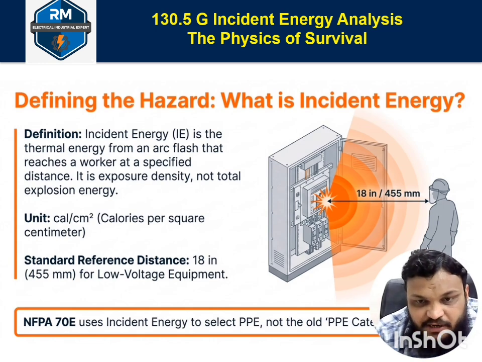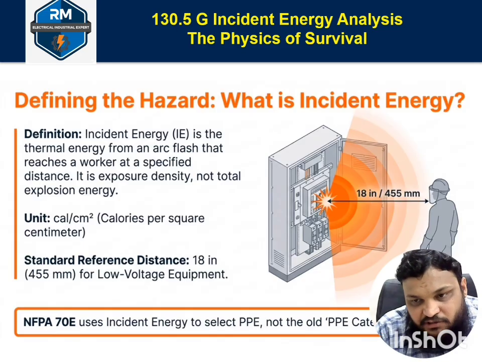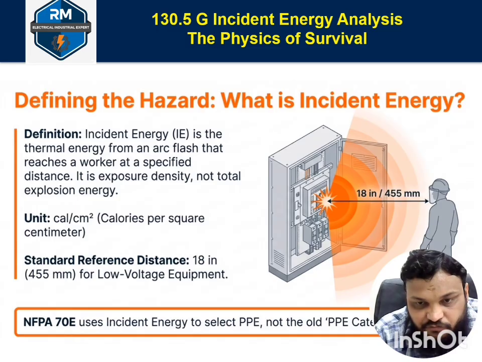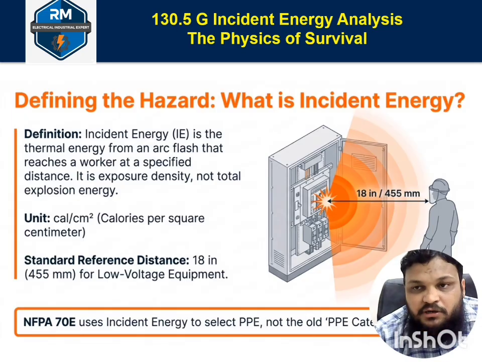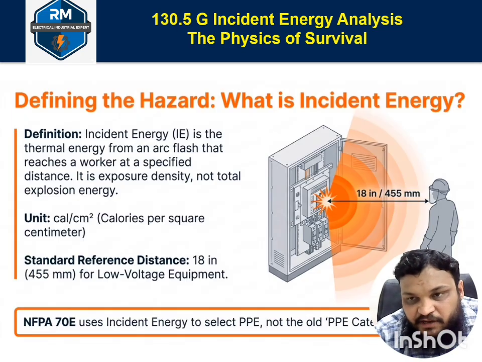The incident energy is basically calculated for low voltage at a distance of the worker from the equipment, that is 18 inch, or we can say 455 millimeter. NFPA 70E uses incident energy to select PPE. How are we going to save employees when any employee is working on live equipment that has the capacity of arc flash hazard?